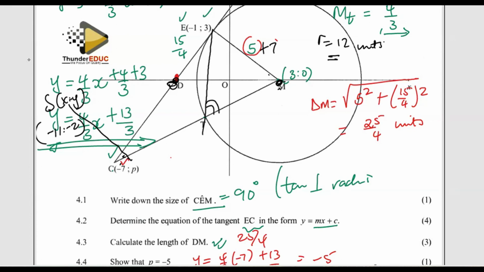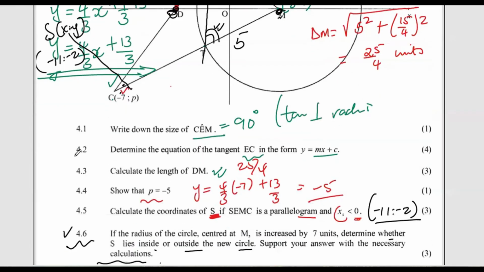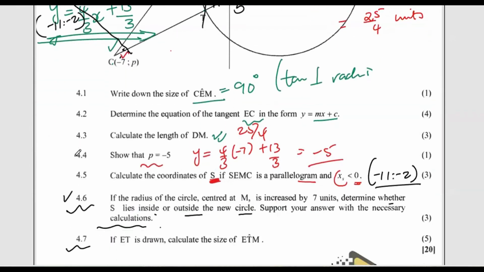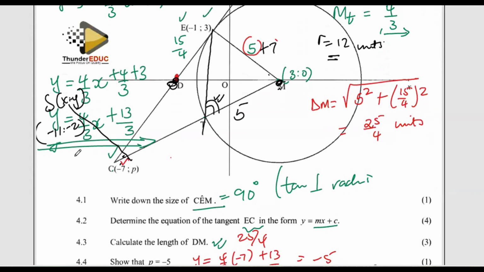So the only thing I know, okay, is that this is a 5. If that is a 5, how do we find this angle here for 5 marks? Do we have the equation of CM? Because I'm thinking of finding the equation of CM, but is it going to help?